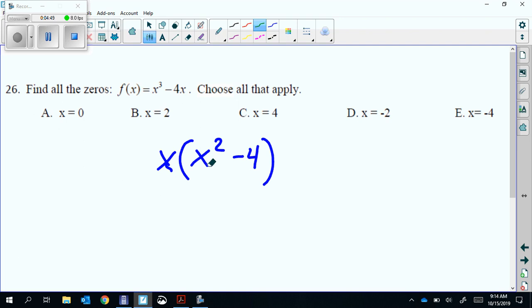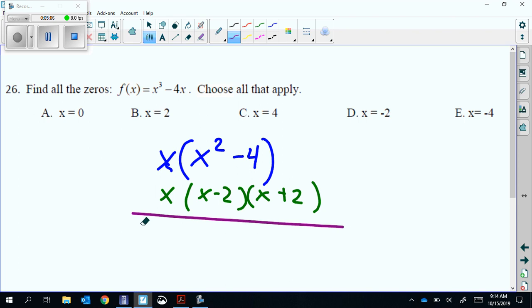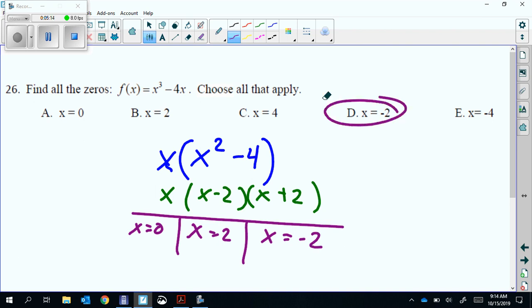X squared minus 4 can be factored. X minus 2, x plus 2, with the x out in front. And then zeros are what you get when you solve each of those factors. So here we get x equals 0, x equals 2, and x equals -2. A, B, and D.